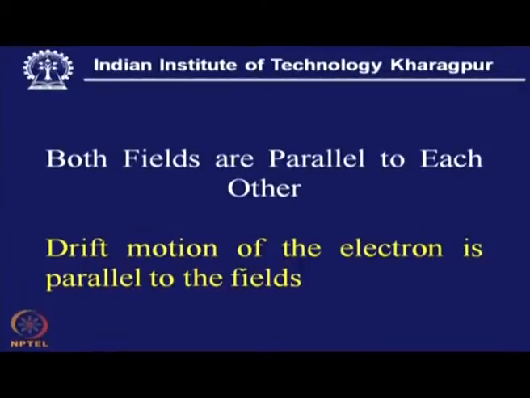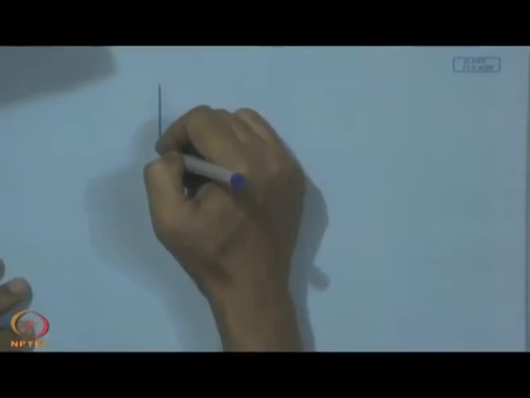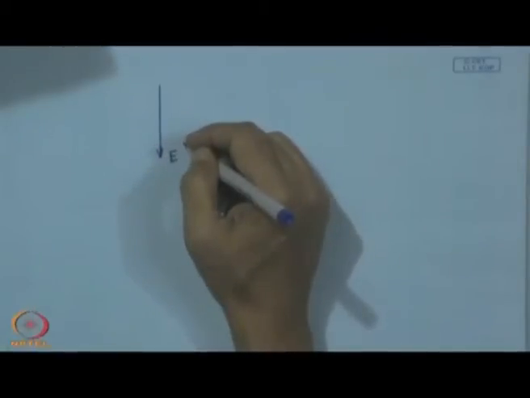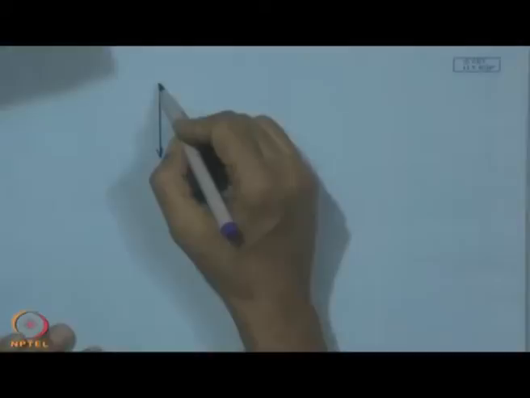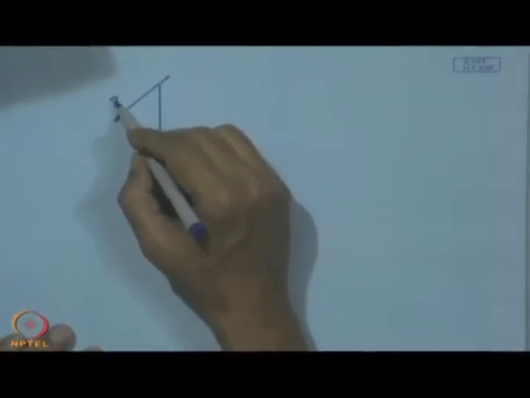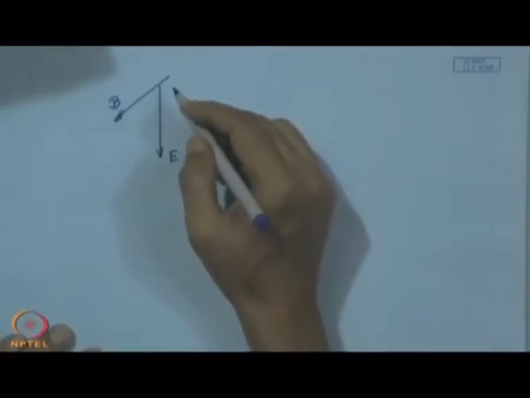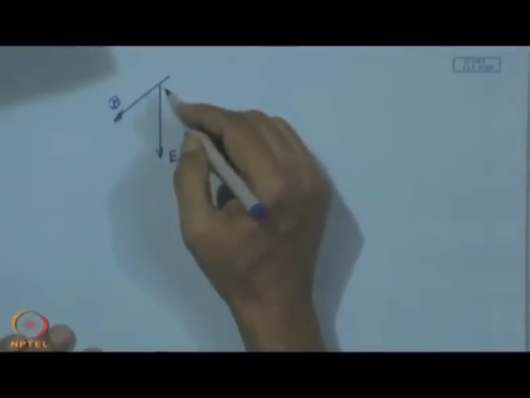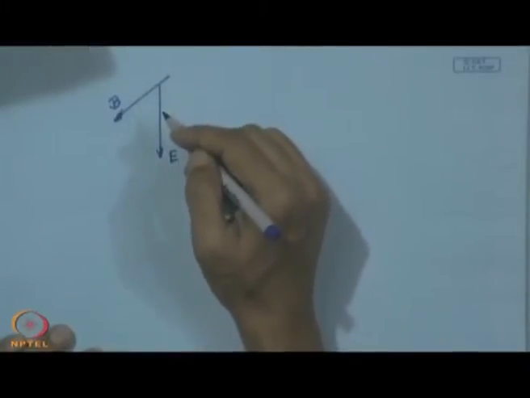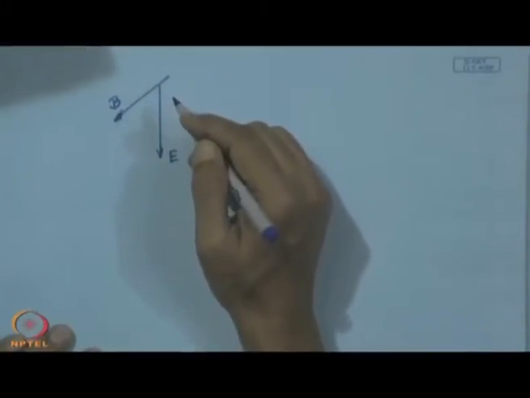But if they are at right angle to each other, for example, let us put it this way: this is one electric field E, and then we have one magnetic field working like this. These are the two fields which are present, and then how will this charged particle behave?